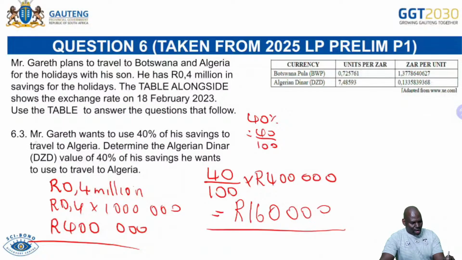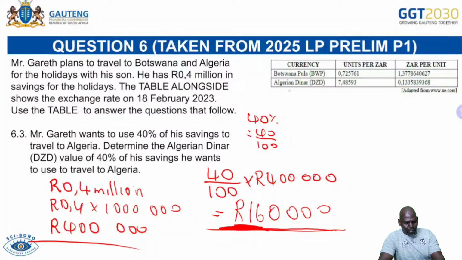Mr. Gareth wants to use 40% of his savings to travel to Algeria. Determine the Algerian dinar value of 40% of his savings. So now we need to take this amount and convert it to Algerian dinar.